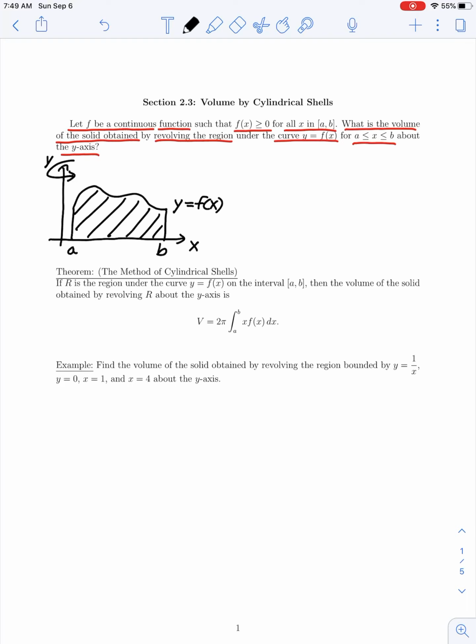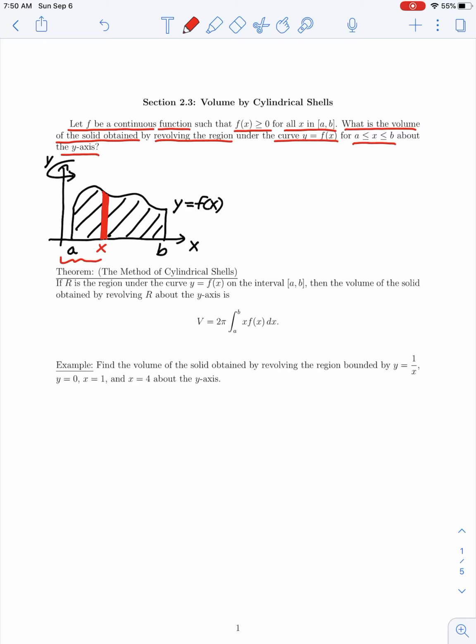So for this region under the graph of a function of x, we can think about taking a little representative slice through our region at a point x between a and b along the x-axis.